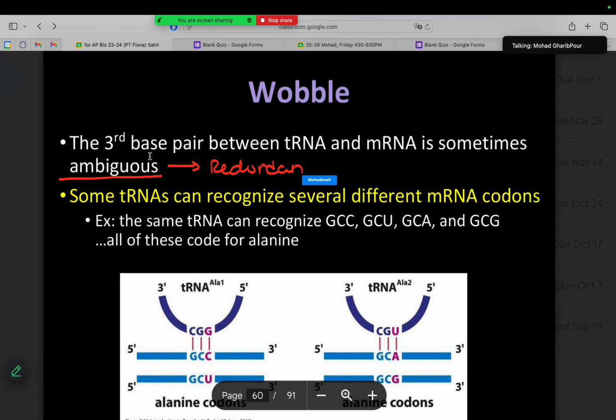Redundancy in the DNA code. Some tRNAs can recognize several different mRNA codons. Example, the same tRNA can recognize GCC, GCU, GCA, and GCG. So this is alanine.